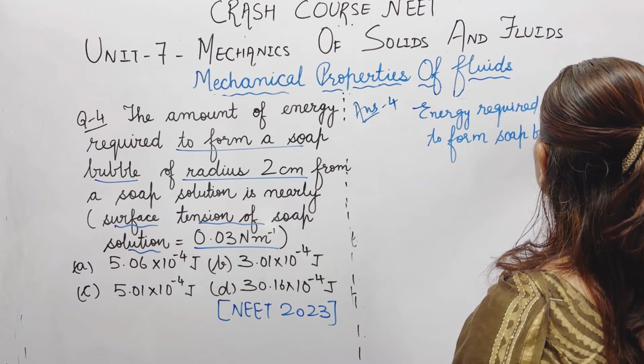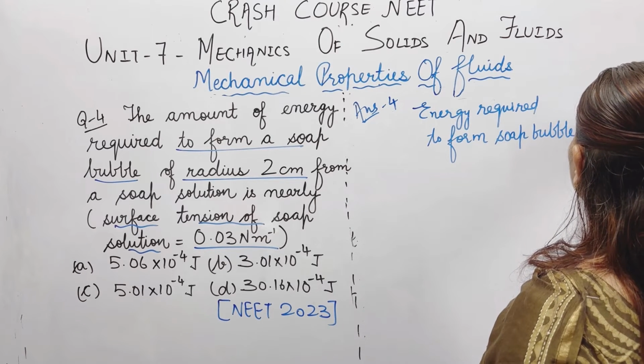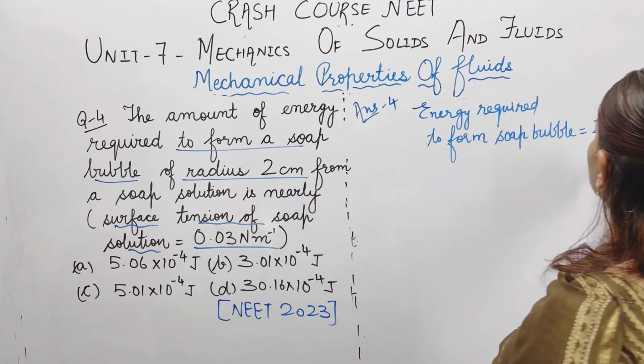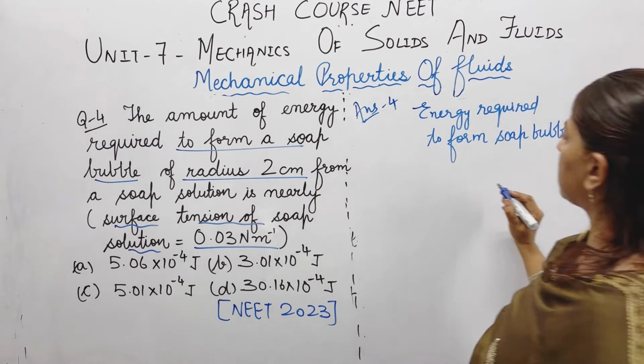And it is equal to 2TA. T is the surface tension and A is the area.